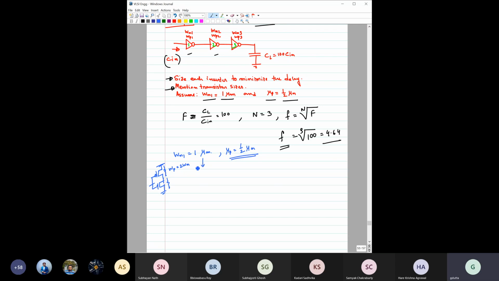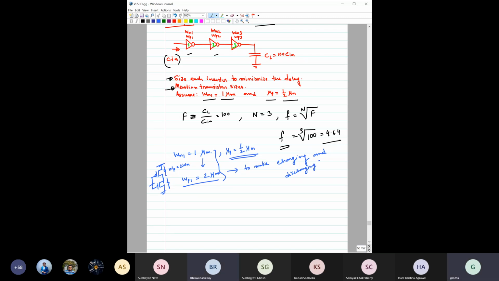If you have understood this, then definitely you can say WP1 would be equal to 2 micrometer, to make charging and discharging symmetric.